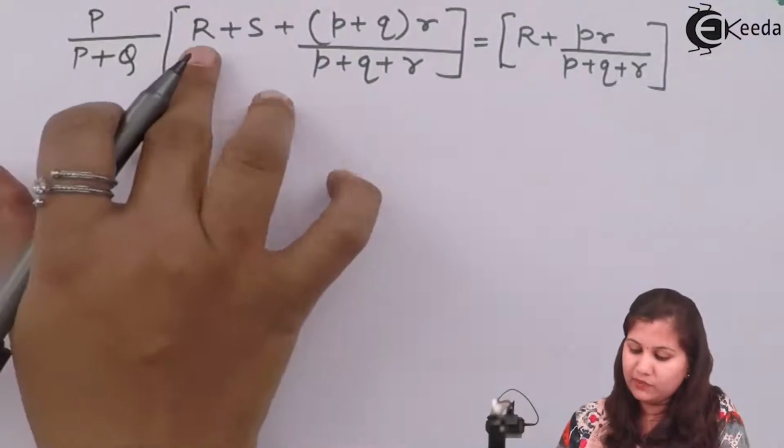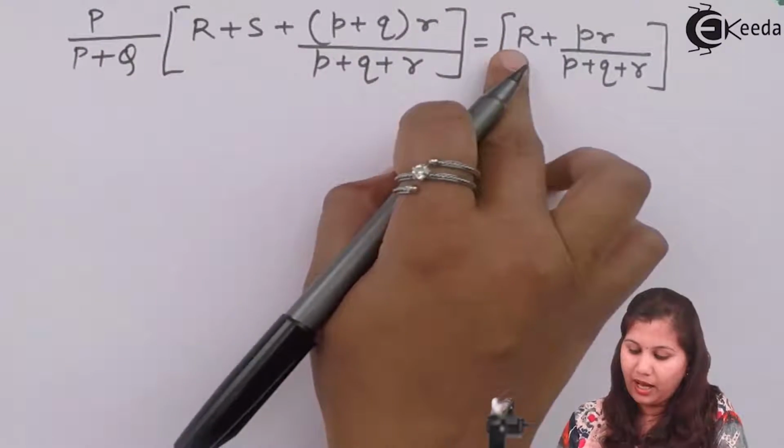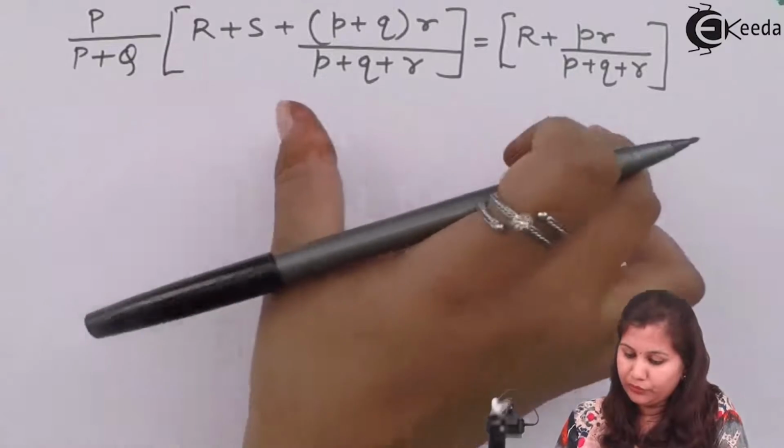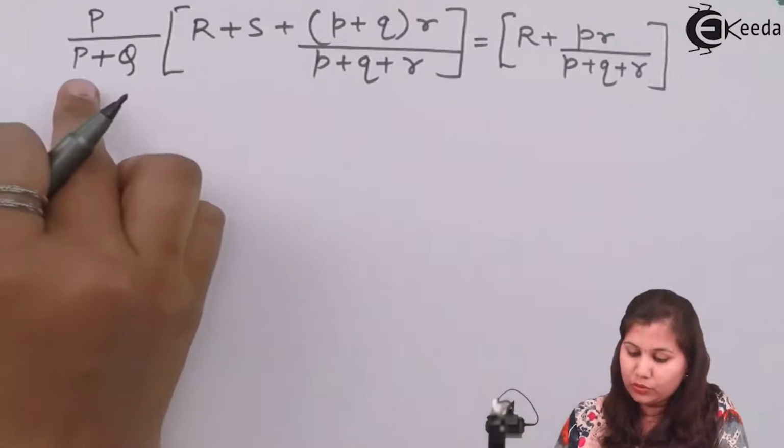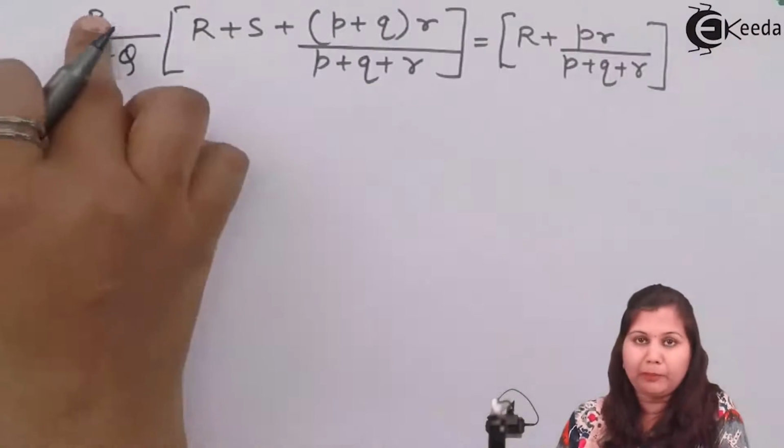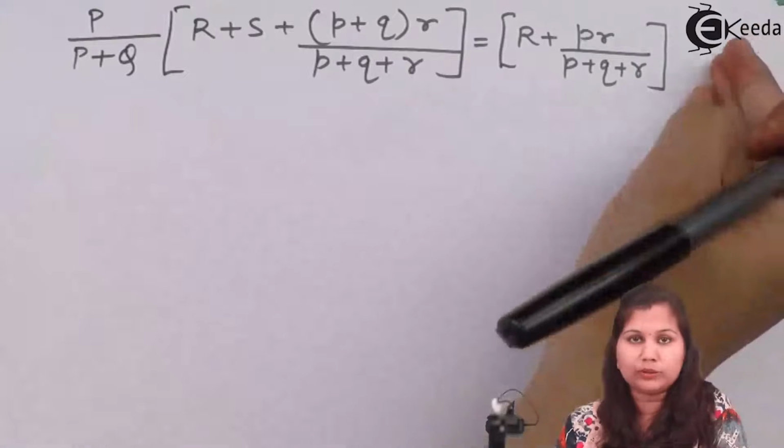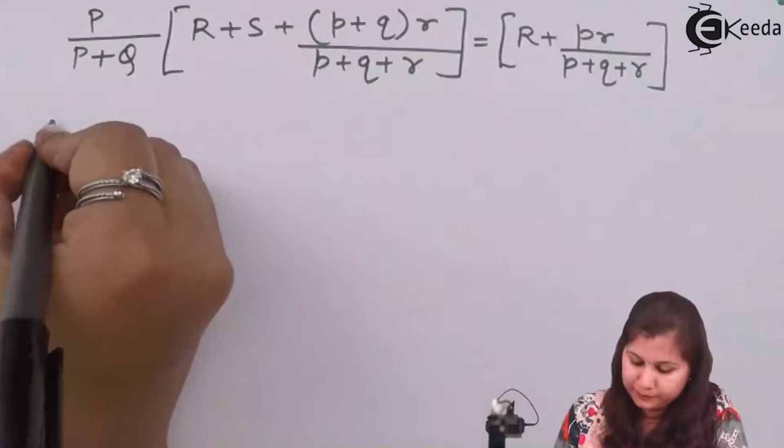Now on both sides we have the expression for R. So what we will do, we are going to cross multiply this P upon P plus Q. We will send it on the right hand side.